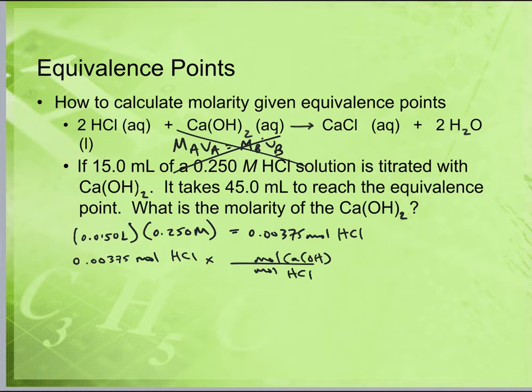So here's my setup. This is a 2, this is a 1. So really that's going to be divided by 2, and that's going to be 0.00188 moles of CaOH2. Okay, and then when we're trying to find the molarity of it, because it says it takes 45 milliliters, right?